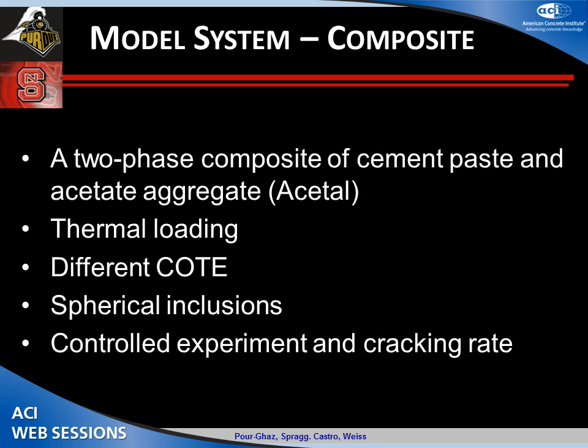Acetal has a pretty high coefficient of thermal expansion compared to cement paste, and then we can use thermal loading to basically cause cracking. The entire idea is that we have a controlled experiment and a controlled rate of cracking, and we want to address 2 issues. One of them is whether we have a good coupling, and the other one is that we want to detect cracking.